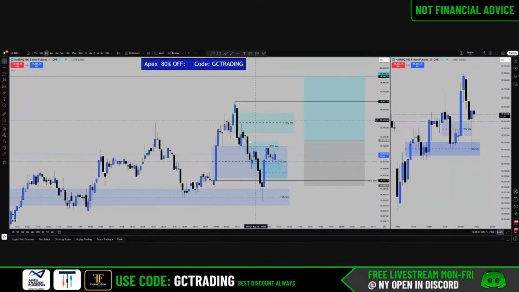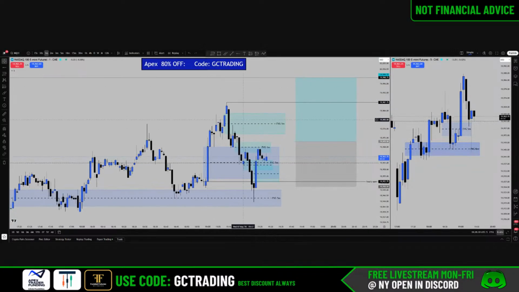So yeah, we want to see price push up here. We do have a pretty hefty gap up here, and pretty hefty gaps like this. This 5 minute gap, sorry, this 1 minute gap. Draw that right there.